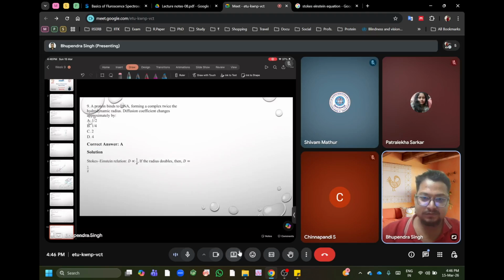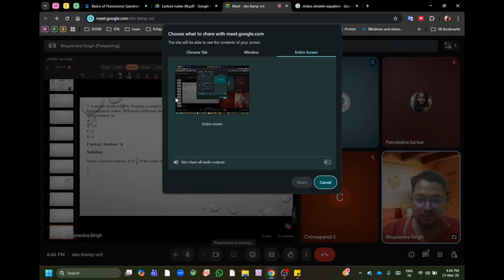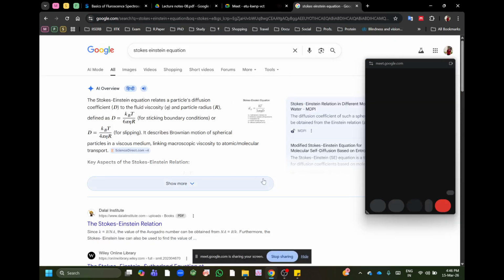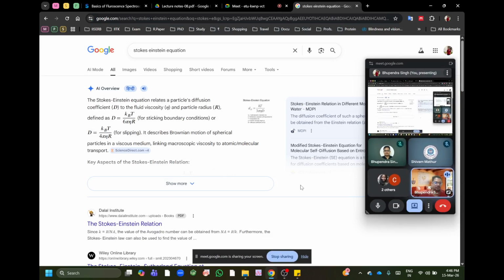Okay, let me first share my laptop screen. Already shared. I hope it is visible. Yes, it is visible. See this Stokes-Einstein equation.